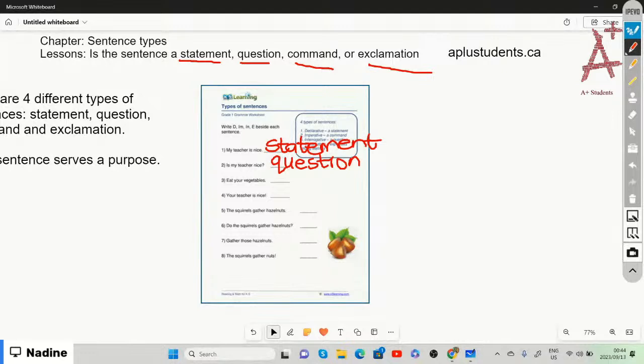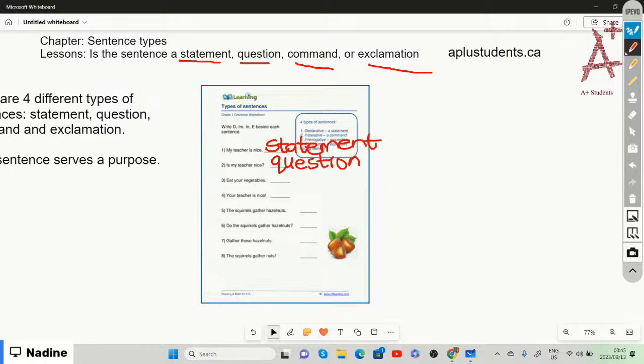Eat your vegetables. Number 3 is eat your vegetables. We need to say if this is a statement, a question, a command, or an exclamation. And it ends with a period. We see that there are 2 sentence types that end with a period, which are a statement and a command.